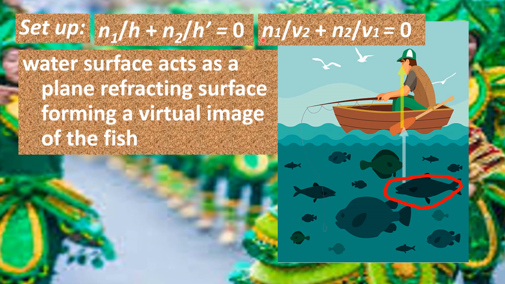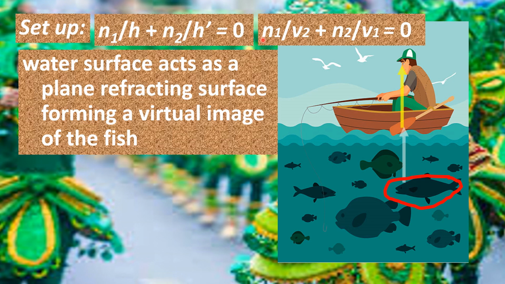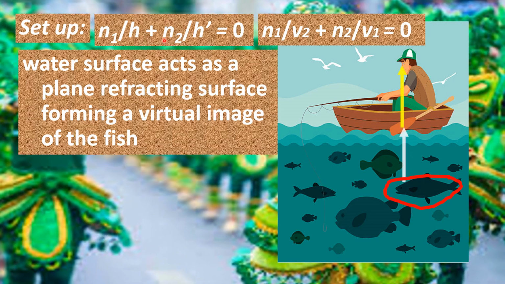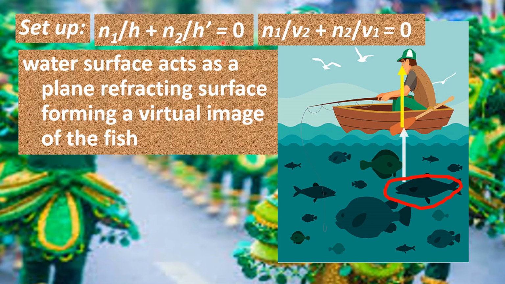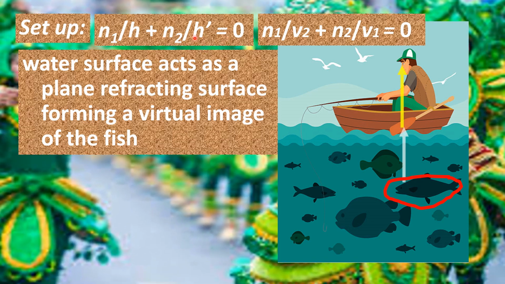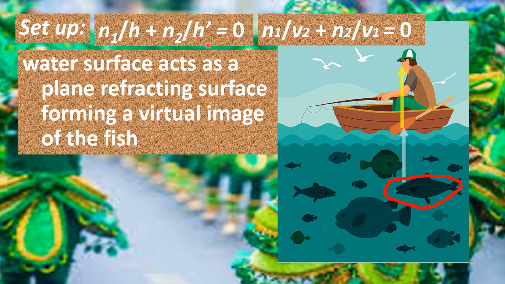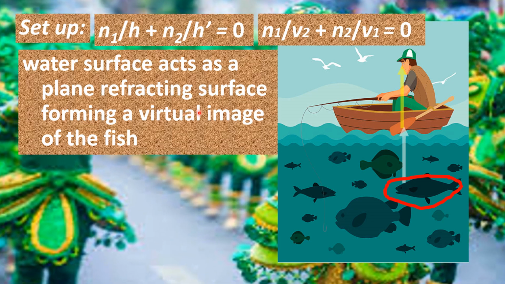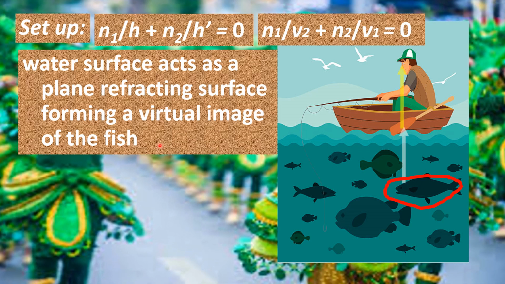Now, this equation can be modified to this form: n1 over h plus n2 over h prime equals 0, so that the equation will be appropriate to the symbols of the quantities that we have defined earlier.